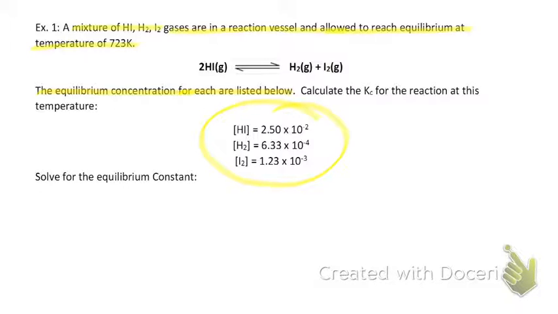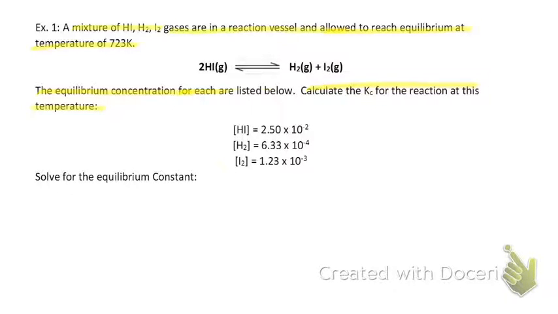These are actual equilibrium concentrations, and that is important to understand because sometimes we don't start with the equilibrium concentrations. We start with the original concentrations. But here, because we have the equilibrium concentrations, it makes this problem very easy and straightforward. All right. Now, we're going to calculate the Kc value for this reaction at this temperature.